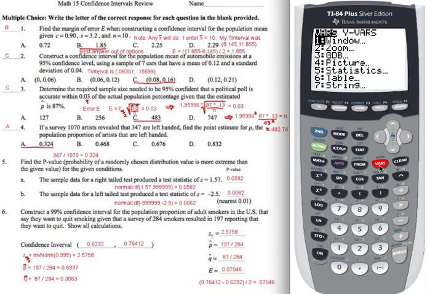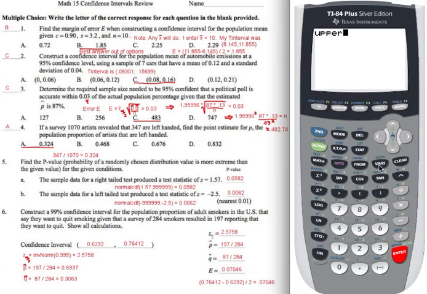So if I hit VARs and then go to number 5, which is statistics, and then go to the test menu, left arrow gets me there faster. I still don't see what I'm looking for. I'm really looking for the lower and upper bounds for this interval, but if you up arrow, there they are. So I can say upper, which is alpha I, or just hit enter.